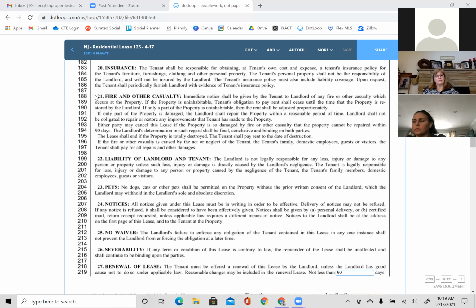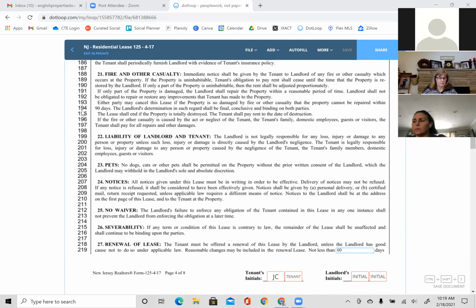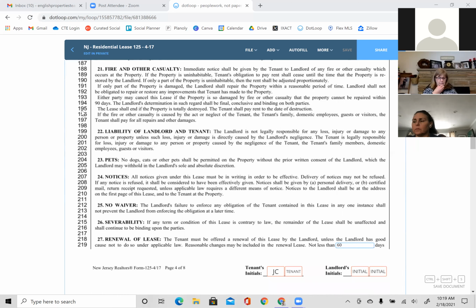Okay. So for fires and any other kind of, I guess you could say, bad acts, right? Immediate notice should be given by the tenant to the landlord if something happens. So obviously, if their house catches on fire, right, the landlord is going to be notified because they're going to be calling the owner of the property.